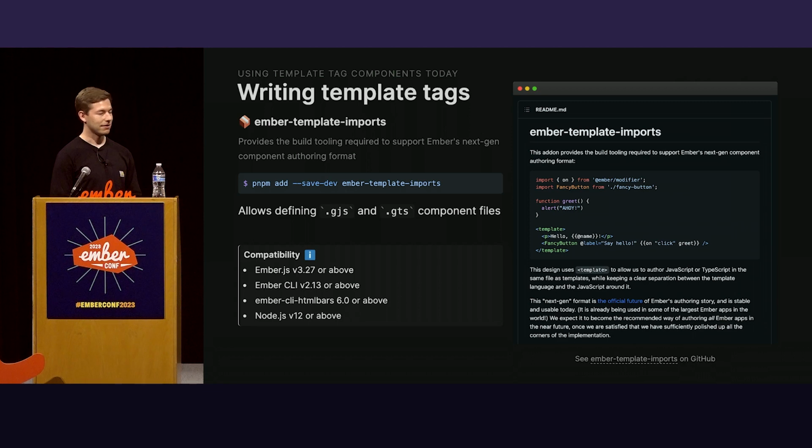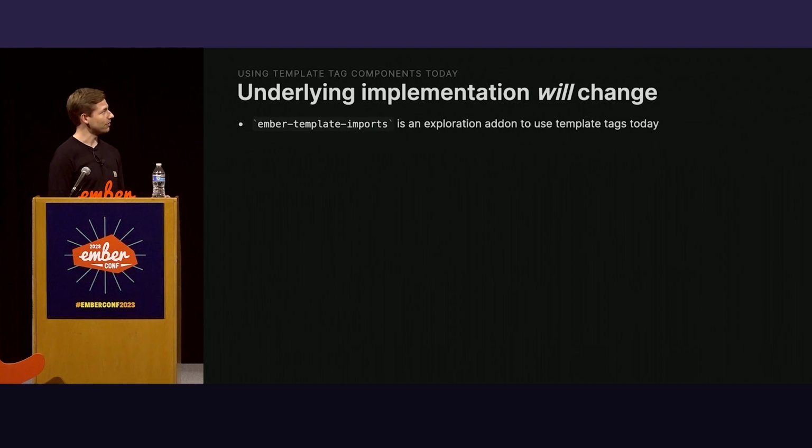Also, a big benefit of this is that you can adopt it incrementally. So if you have an older, larger application, you can just start adding new template tag components within that application, and it will just work side by side with existing components. One thing to note though is that the underlying implementation of this library is probably not going to be the final option of how it will eventually be in Polaris, because the history of this add-on is that it was used as a way to research what the best approach was.